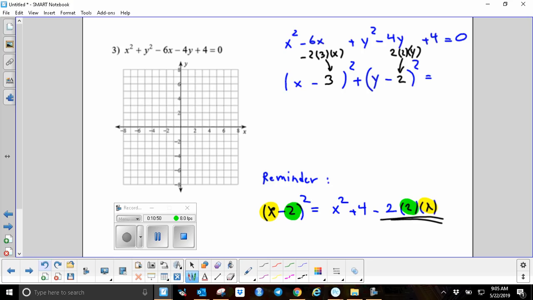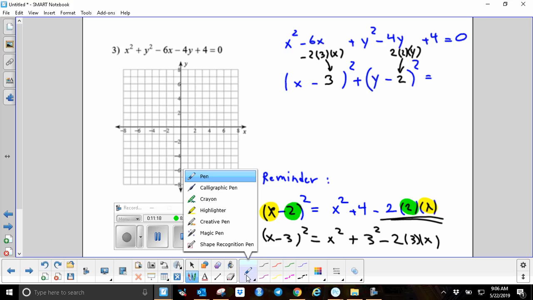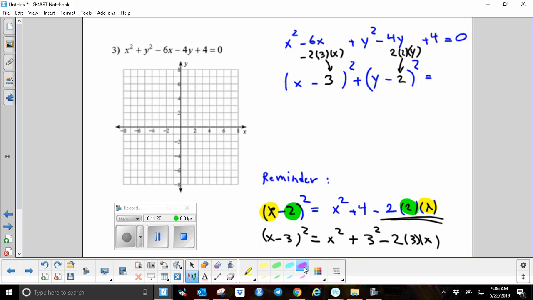And if you want to test it, go ahead. X minus 3 squared is what? It's x squared plus 3 squared, which is 9, minus, because it's negative, 2 times 3 times x. And that's what you have over there. This is what you have here.